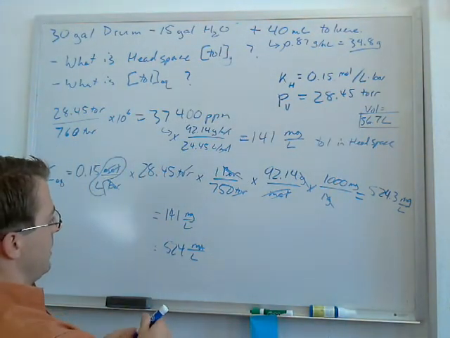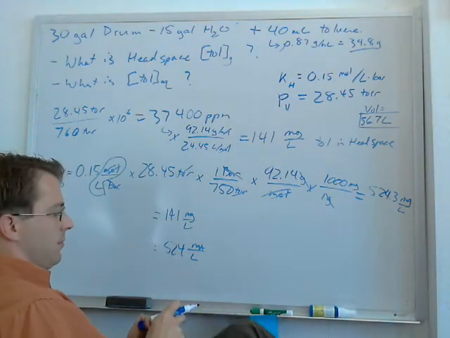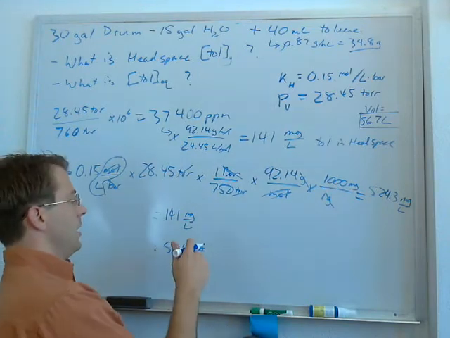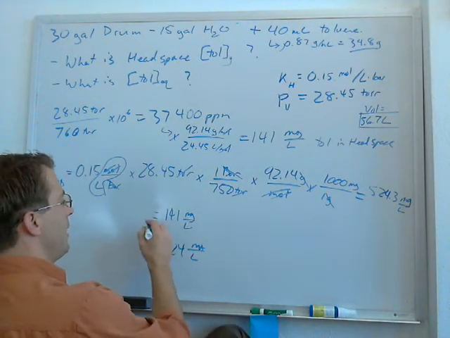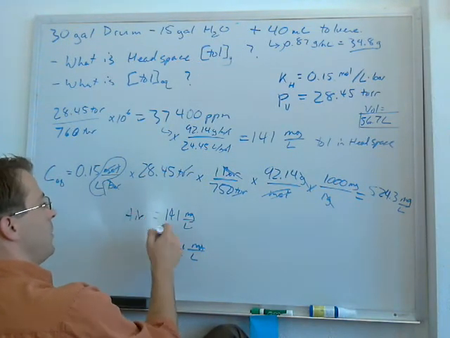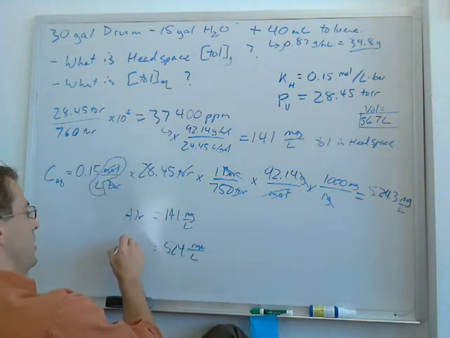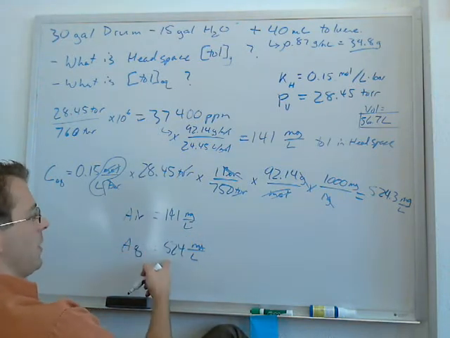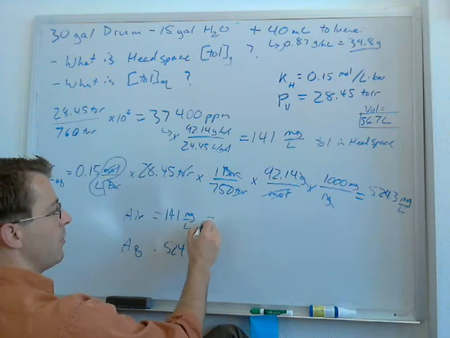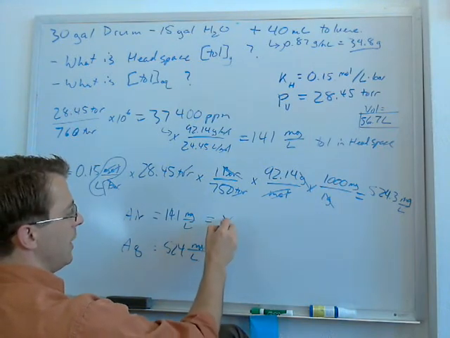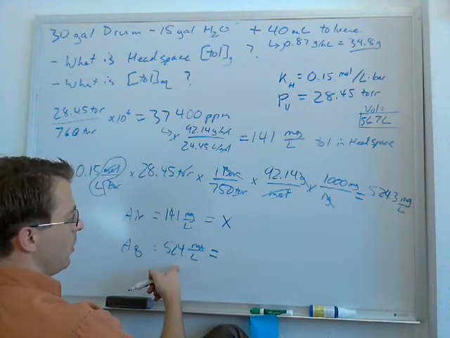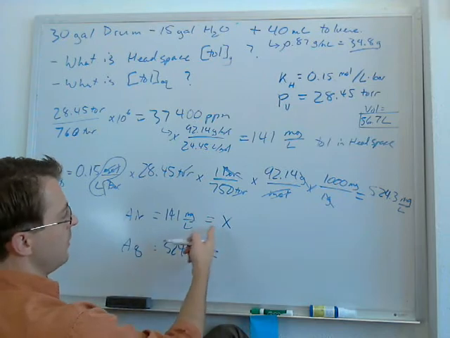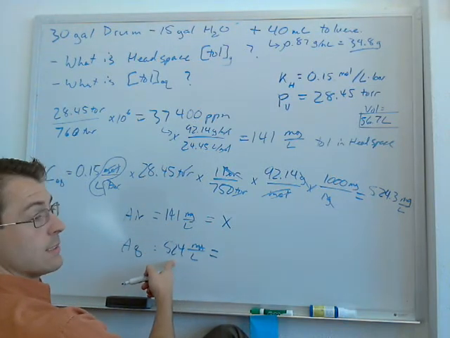Alright, so this is basically an expression of Henry's law. And we see that in the air, we have this concentration. In the water, we have this concentration. So if we let this equal x, then what will this equal? Basically, if we let this equal 1, then what is this?